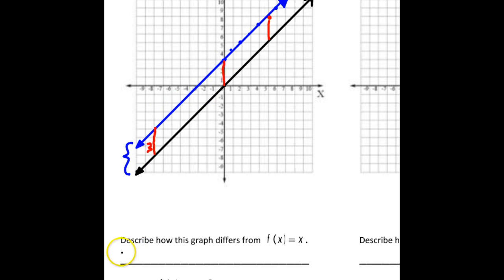We say y equals x plus 3 is translated up 3 from y equals x. We're just taking y equals x and moving it up 3 units. That's what the plus 3 does to it.